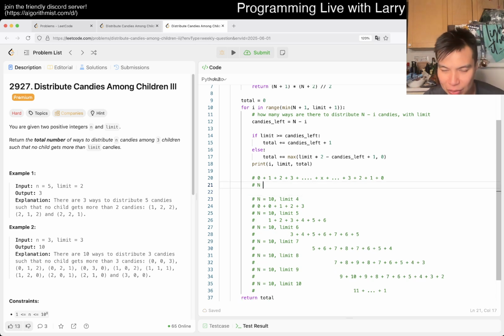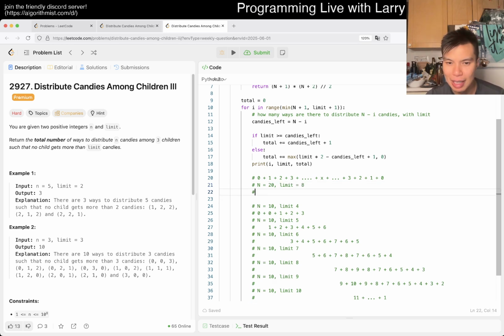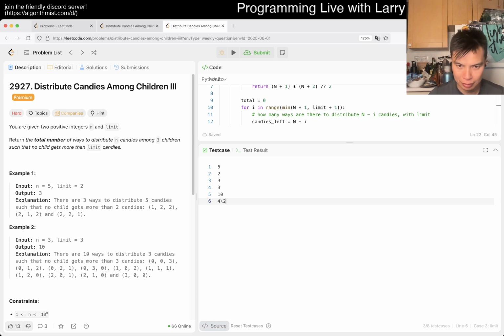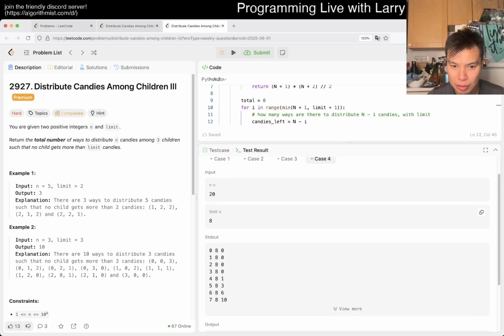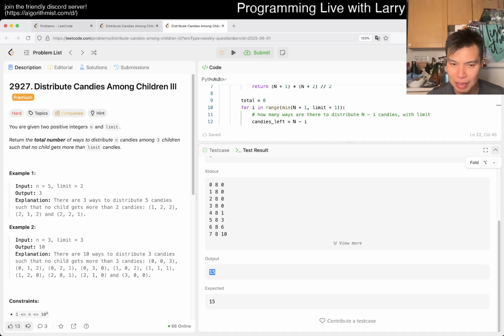But if my theory is right, say n is equal to 20 and limit is equal to 8, then it should be just equal to 1 plus 2 plus 3 plus 4 plus 5 plus 6 plus 7, right? And that is equal to 28 or something. So let's try that theory. 28, 15, so that's definitely not right.